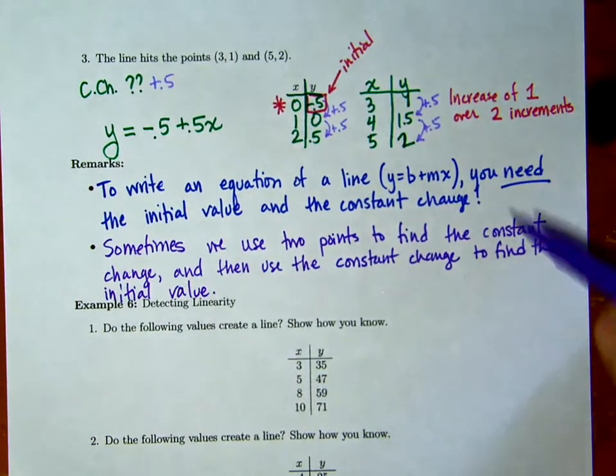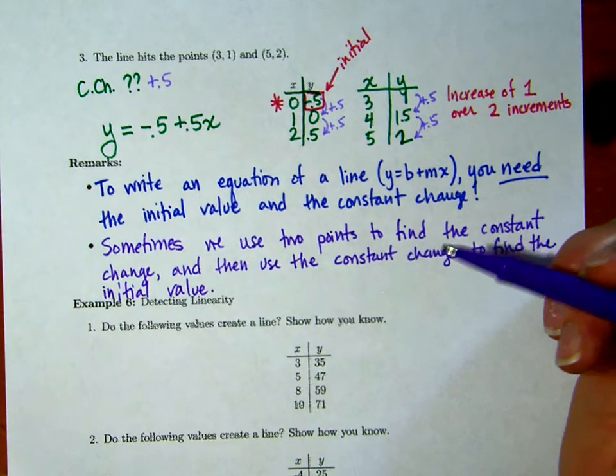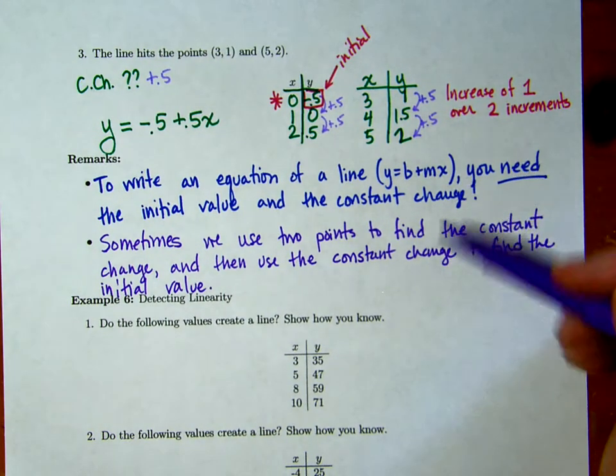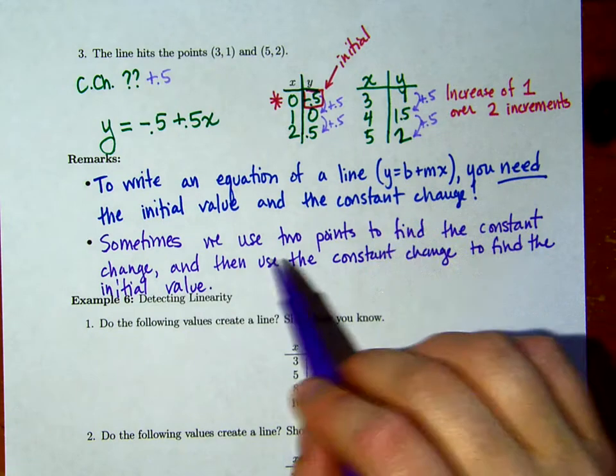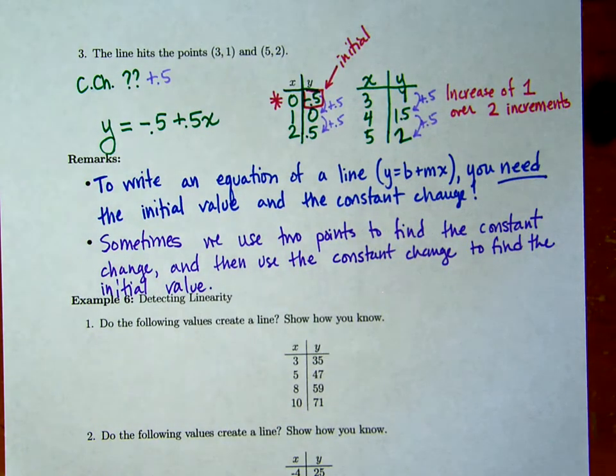Just like in this example here, if they give us a constant change, yay! But if they don't, you have to use those 2 points to find the constant change, and then use that constant change to find the initial value.